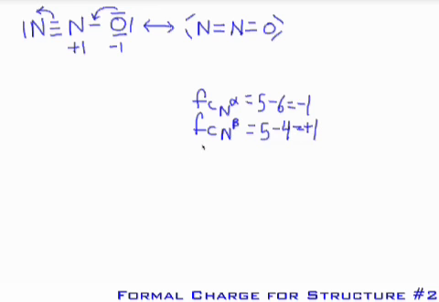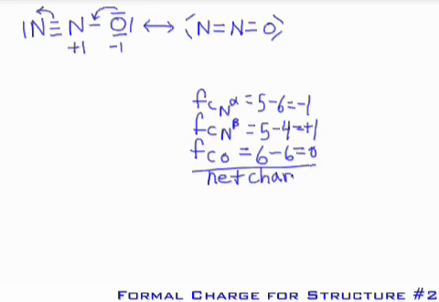And then oxygen, formal charge, oxygen. 6 valence electrons minus, if we check this, 2, 4, 5, 6. 6 minus 6 is 0. My net charge, add this up, and you get 0.